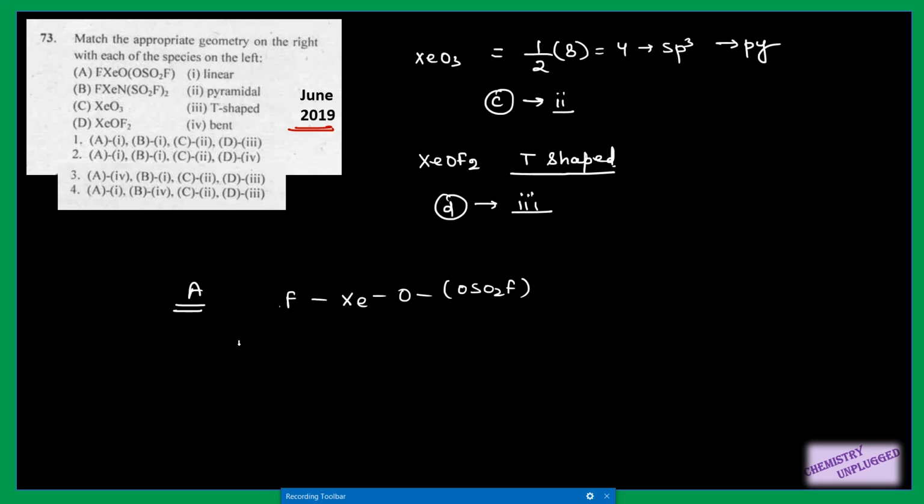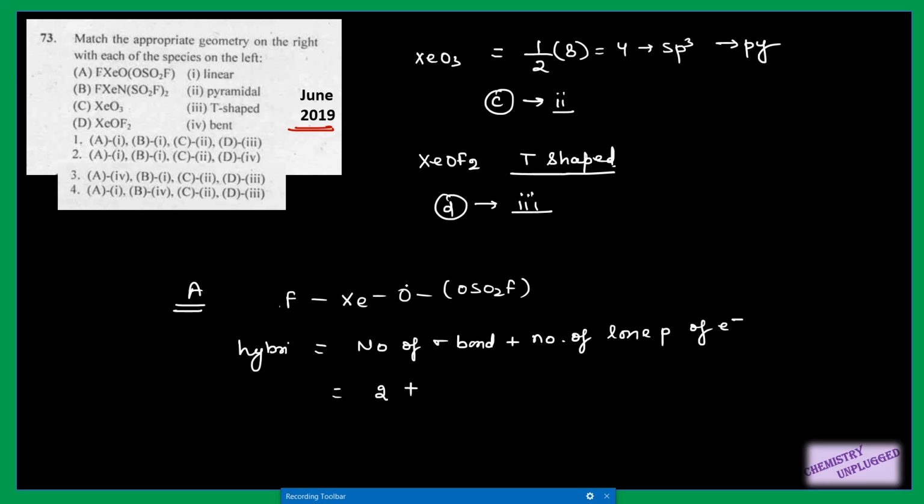Then we will try to find out its hybridization using a different formula, that is number of sigma bonds plus number of lone pairs of electrons, right? So here we have two sigma bonds attached with this central metal atom, so we will write here 2, and the number of lone pairs of electrons.